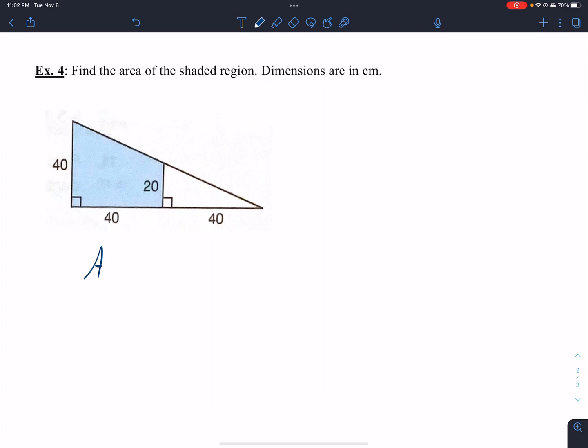So the area of, I'll call it L for the large triangle, is the formula 1/2 of base times height, which of course is 1/2. Our base is the entire length, which is 80, and the height is this big height, 40. So that gives me 40 times 40 is 1,600, and that is in square centimeters.